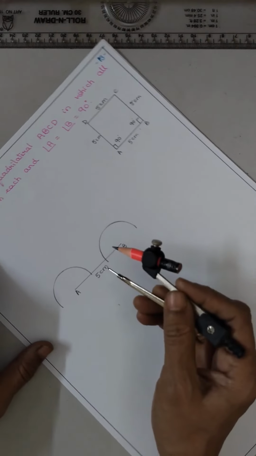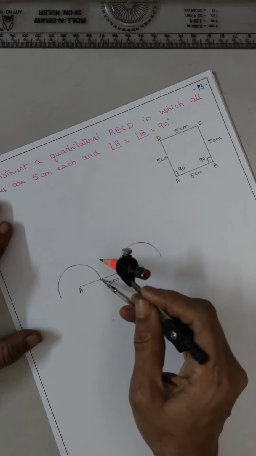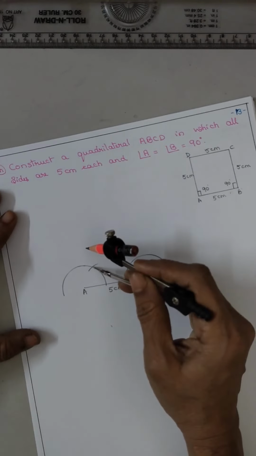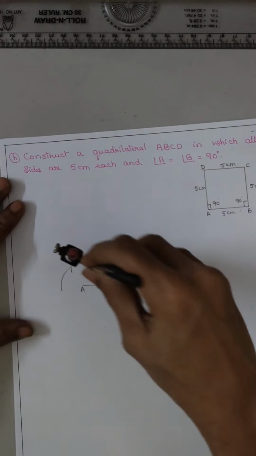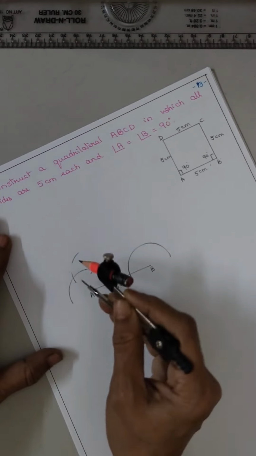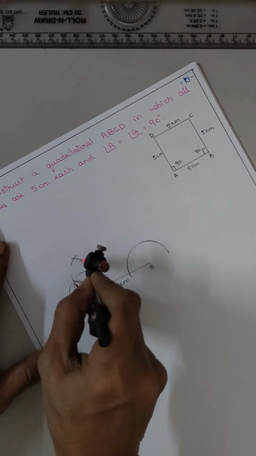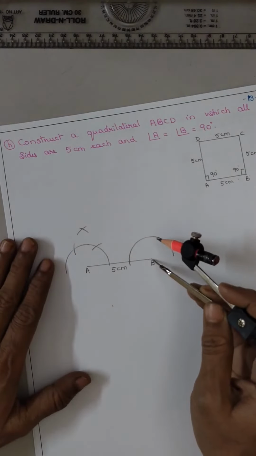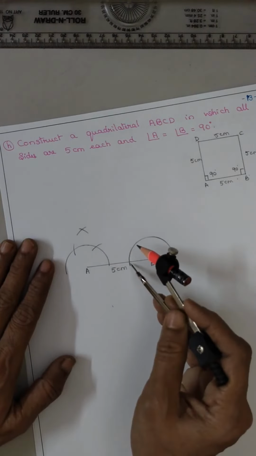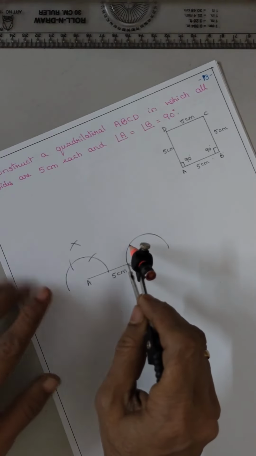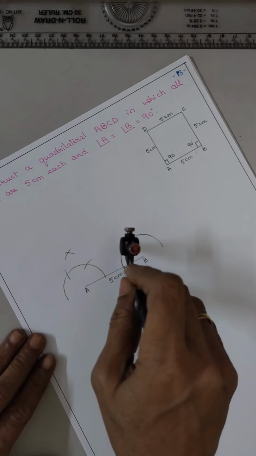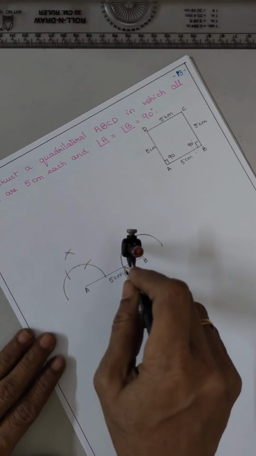Now from right side, if it is at A, from right side 60, 120. Now bisect 60 and 120. This is the same measurement on the other side also from left side, because the angle you are making at the right side, isn't it? The right hand corner of the line segment.